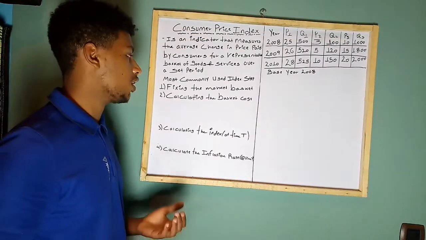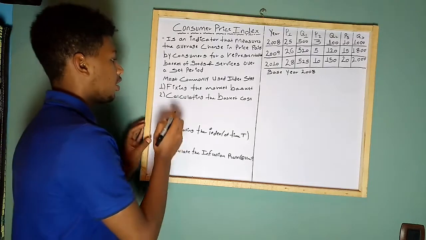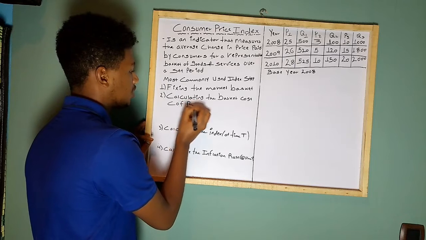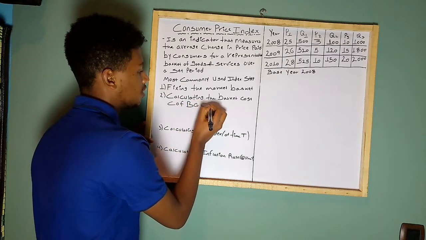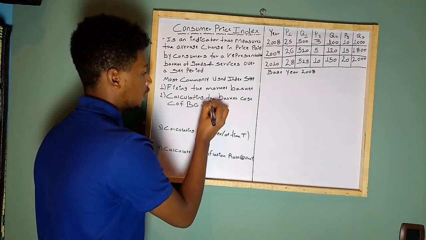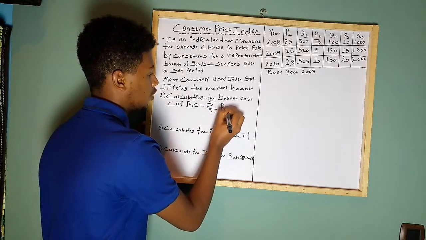How can we calculate the basket cost? Cost of basket goods can be calculated as the summation of i equals 1 up to n of pi qi.